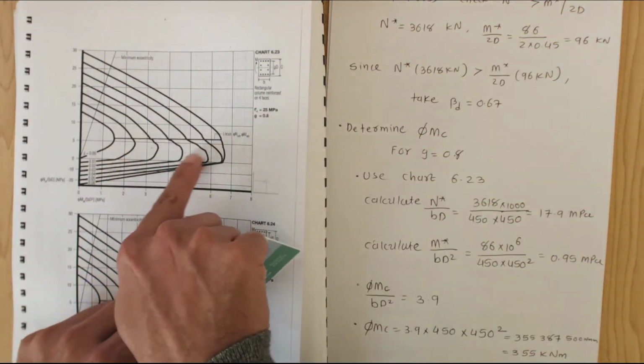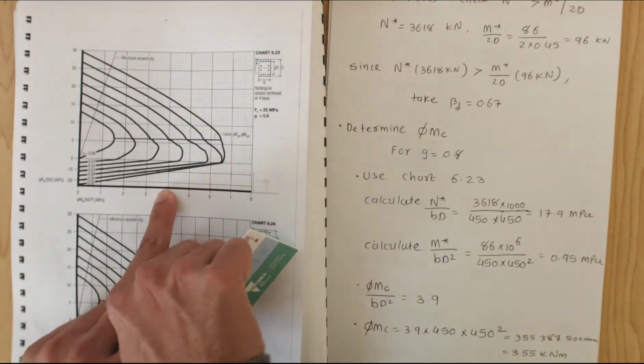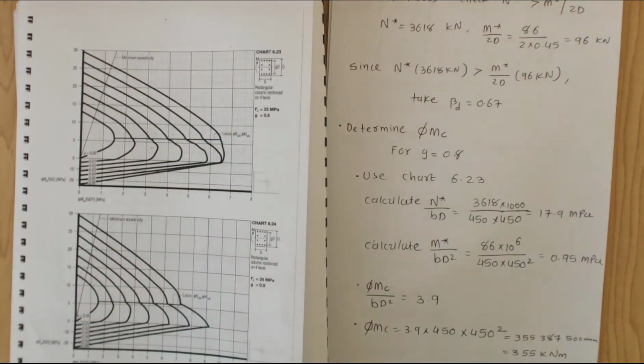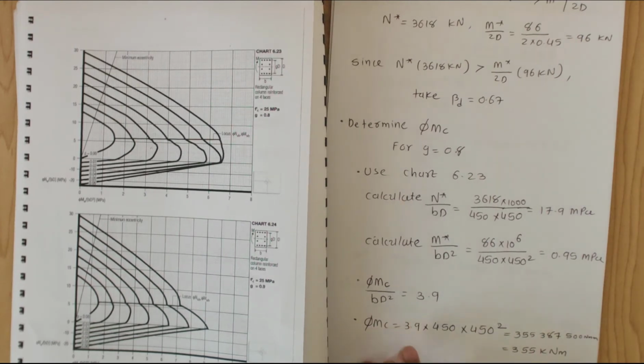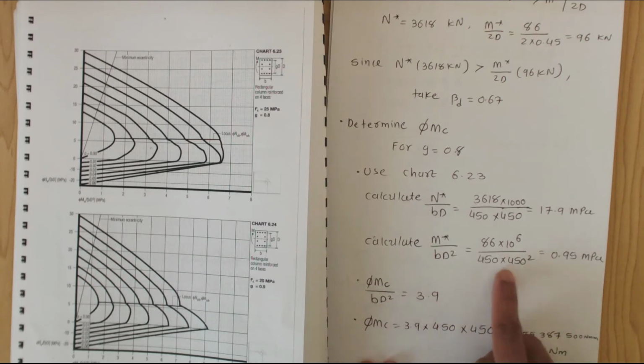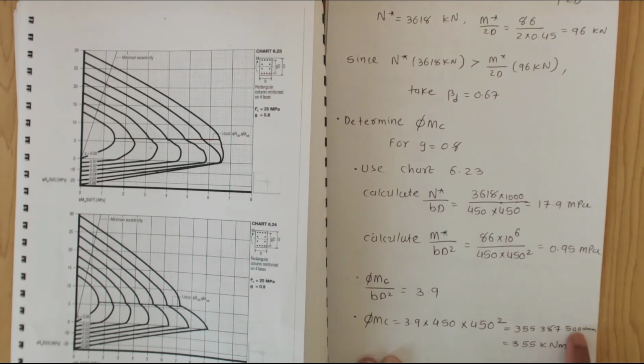There is a locus line. On that locus line, if you draw the line here, you will get the moment 3.9 that we just got here. So φMc equals 3.9 times 450 times the same thing that we did here. So we can calculate 355,387,500 newton millimeters, divide by 1000, divide by 1000, gives us 355 kilonewton meters.